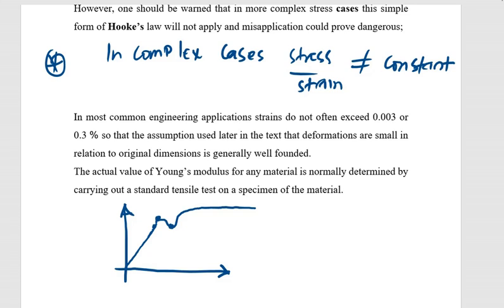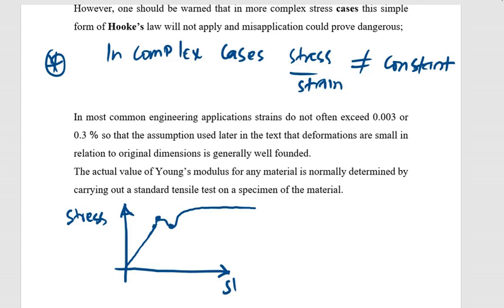This is because when you load this object, you are going to plot values of stress against strain, or you can plot values of load, because each and every load will give a corresponding extension. So you can plot a graph of load against extension, or stress against strain.